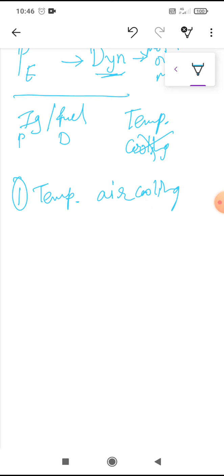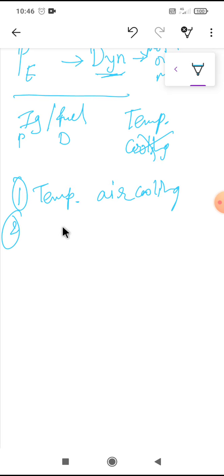As you know, when this engine is tested it is open in the atmosphere, while if it is fitted inside an automobile, the air cooling might be different. So this is one of the reasons for the temperature not showing correctly.